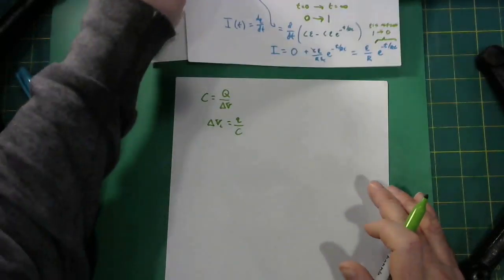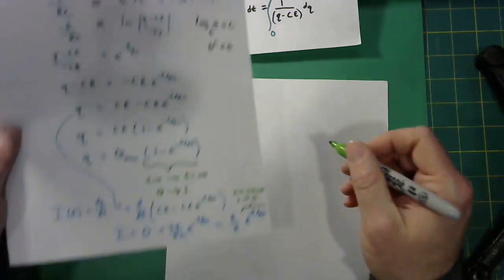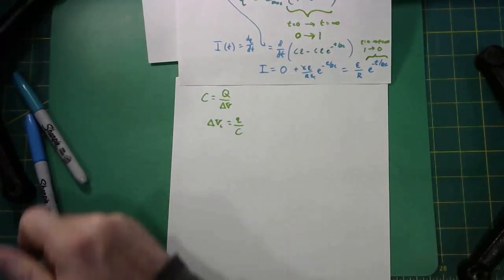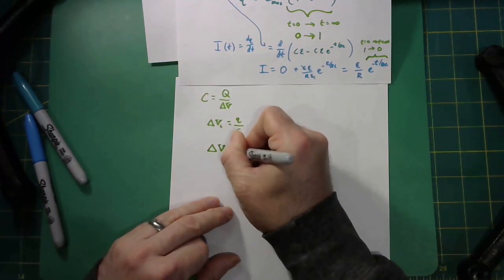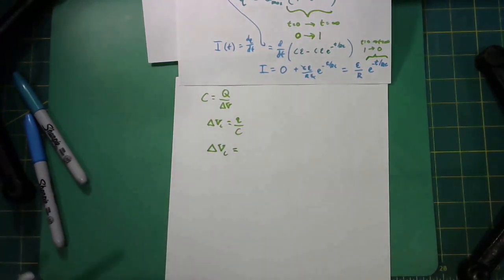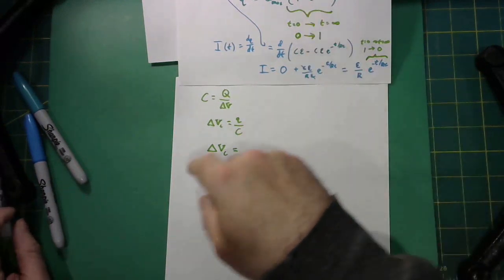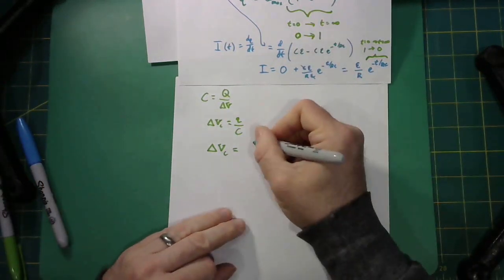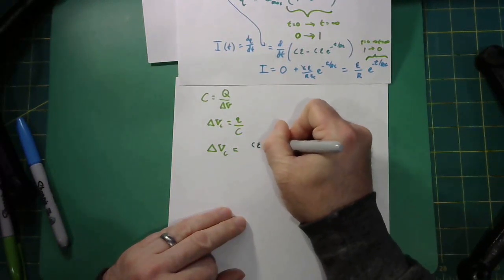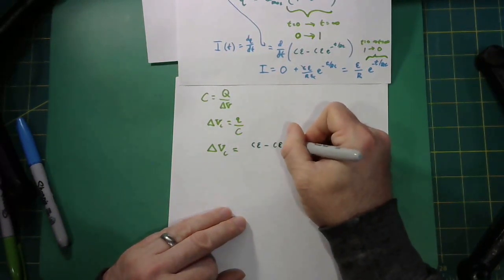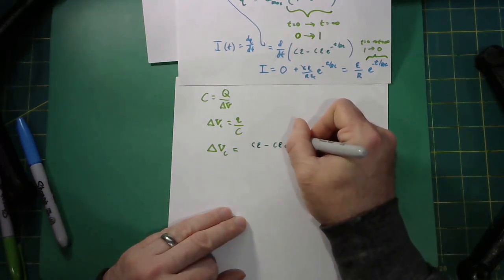So if I substitute that in, I'm going to get my delta V for my capacitor, and for Q, I substitute in that expression from before. The equation for Q was capacitance times the EMF minus capacitance times the EMF times e to the negative t over RC.